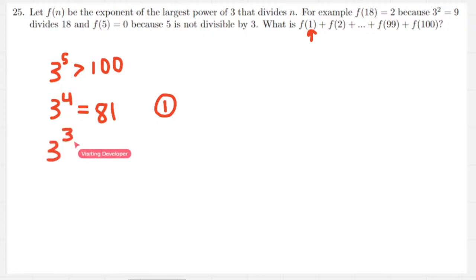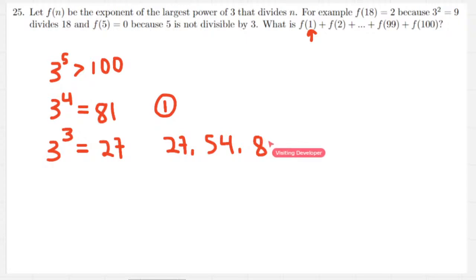Now we look at 3 to the 3rd power, or 27. And you can see that in this case, we have 27, 54, and 81, which give us 3 numbers that contribute to this sum.